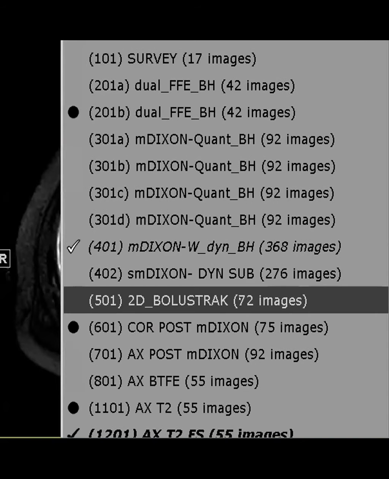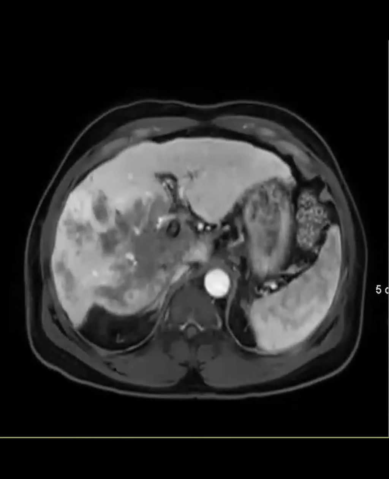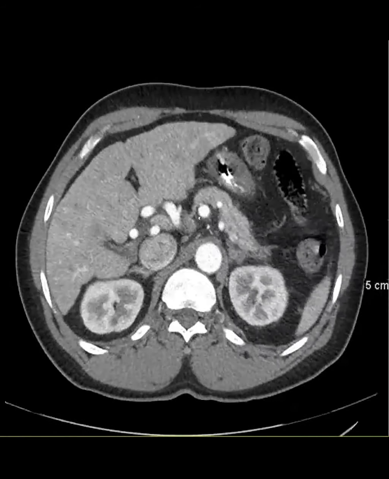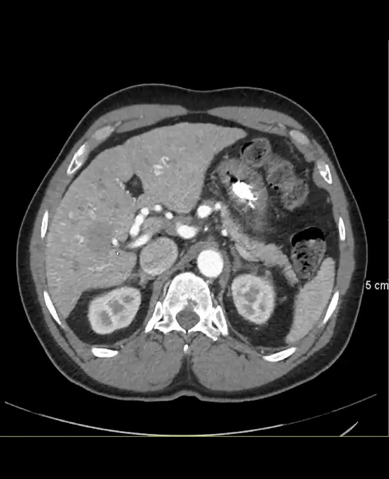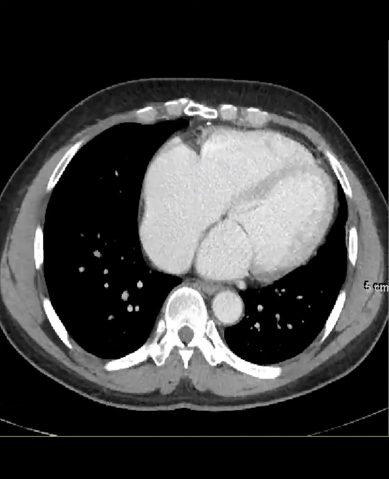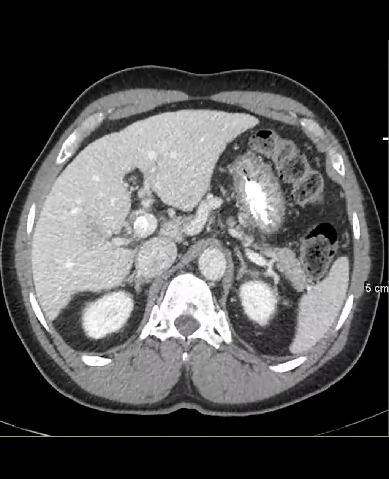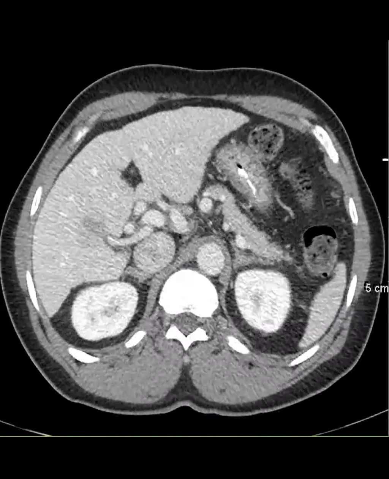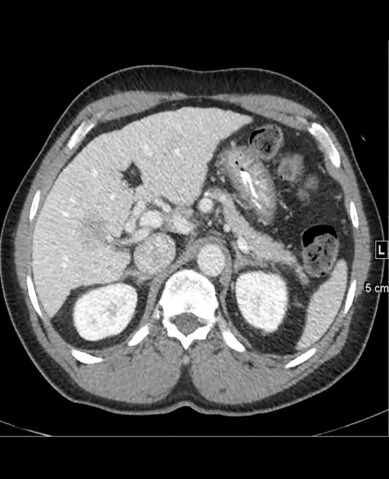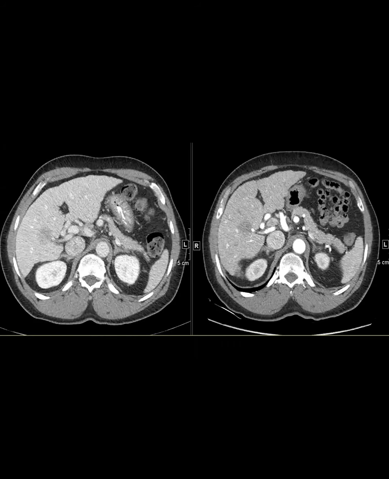So this is a peer review, peer learning case. There are several things to be considered here. When you go back, it's true, it's almost innocuous looking. There's really no arterial phase hyperenhancement. It is poorly defined, so I can see where the thought of focal fat may come in. The couple of things to consider here: this patient has advanced cirrhosis, and as cirrhosis advances, the parenchyma tends to lose fat accumulation.